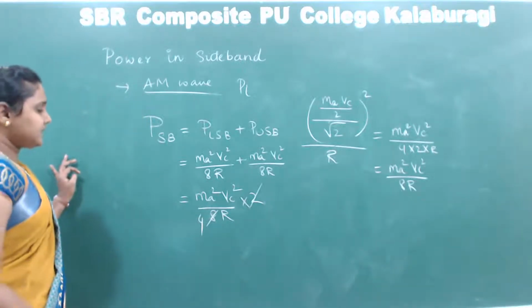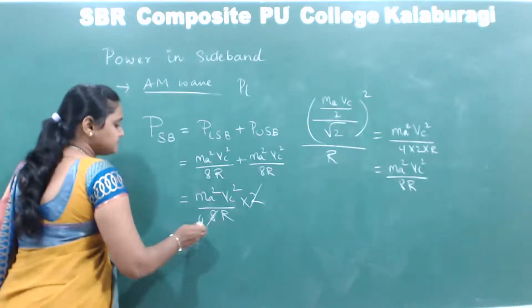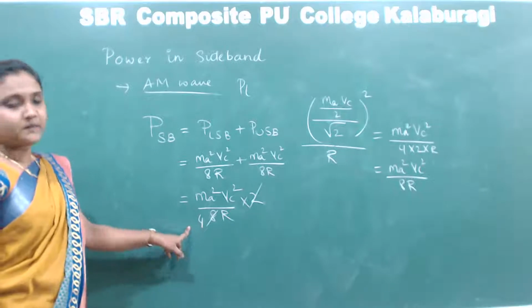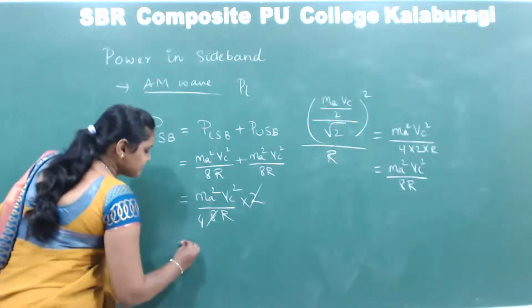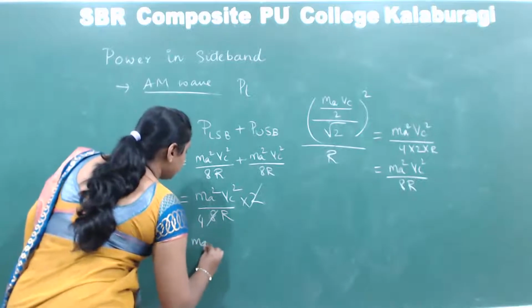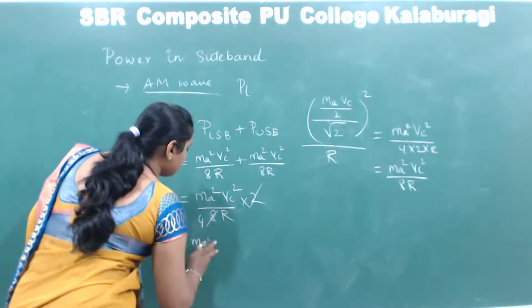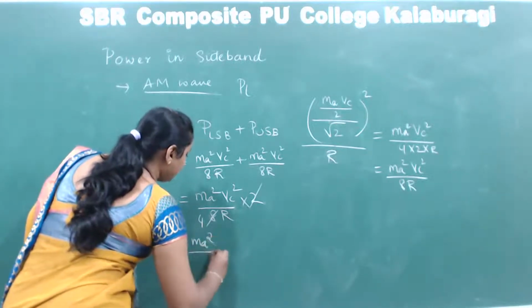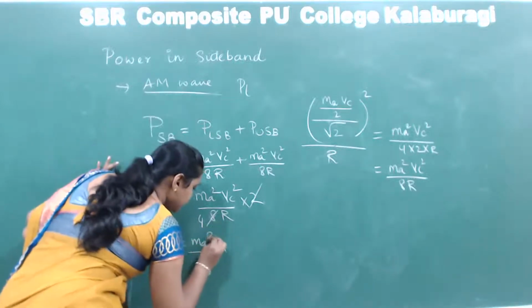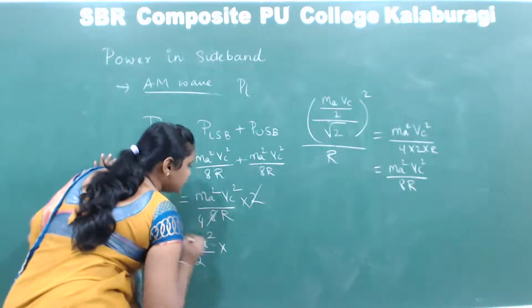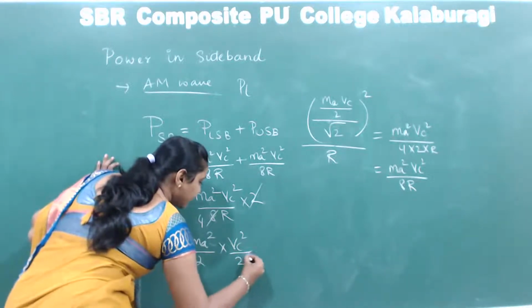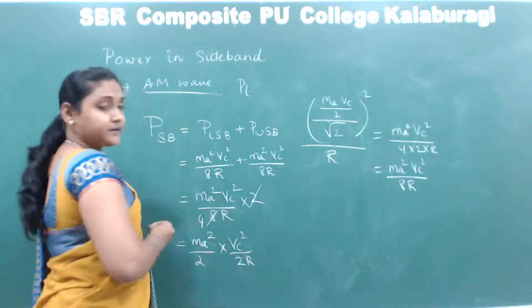So the expression in this form can be further written as MA square by 2 into MA square by 2 into VC square by 2R. Okay.